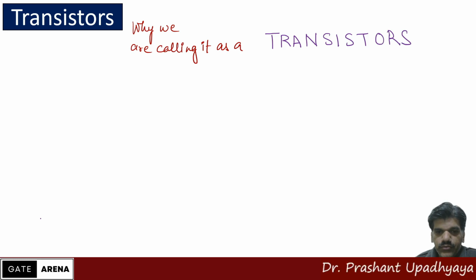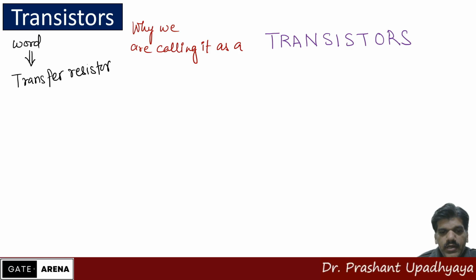Okay, so now we will be talking about why we are calling it a transistor. I can say this word transistor originates from the words transfer resistor. I'm highlighting that transistor is derived from the words transfer resistor.